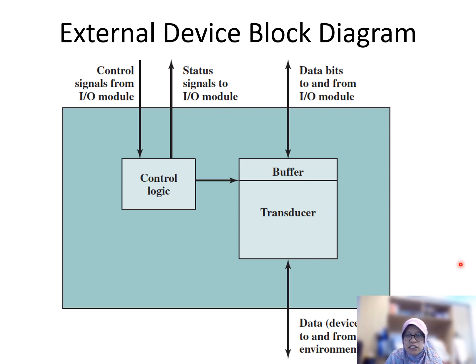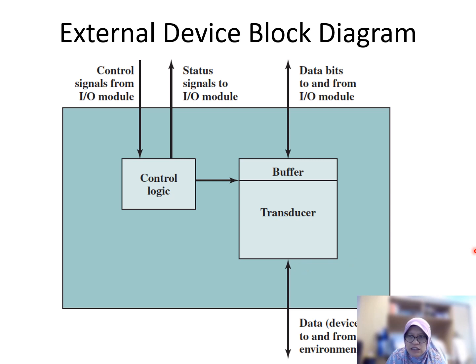Control logic is associated with the device control, where the device operates in response to direction from the I/O module. The transducer converts data from electrical to other forms of energy during output, and from other forms to electrical during input.